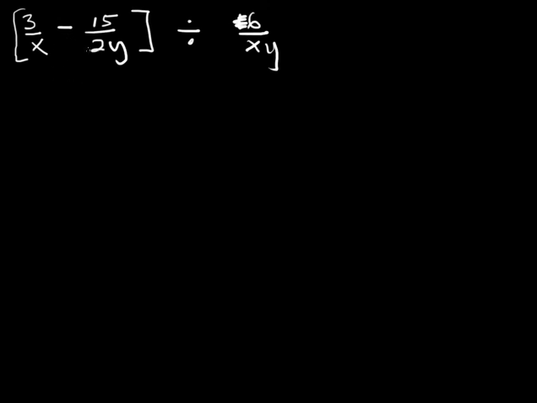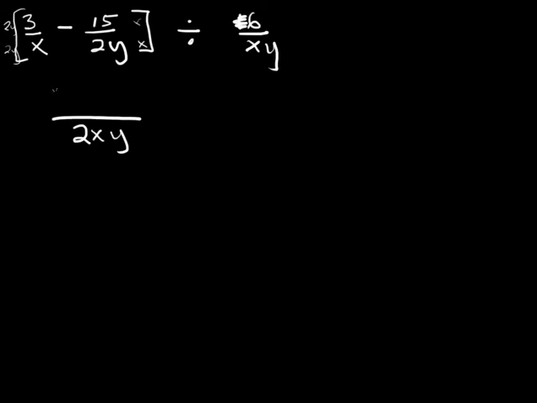To figure out the parenthesis part, we need to find our LCM. In this case, it's just good to multiply through. So we get 2xy as our LCM. You see that the only missing quantity here is 2y. So if I multiply this by 2y, and I multiply this by x and x, you can see now I get 2xy.